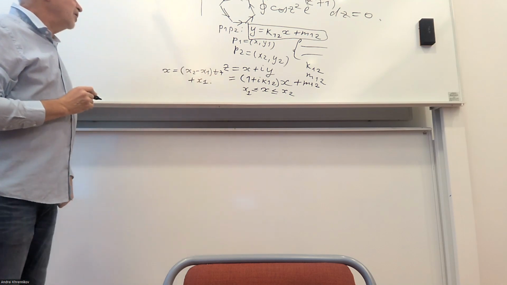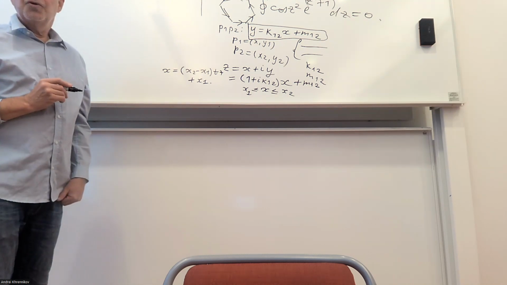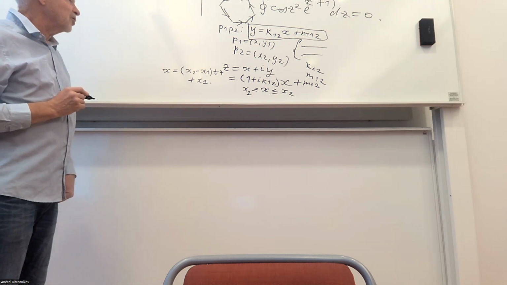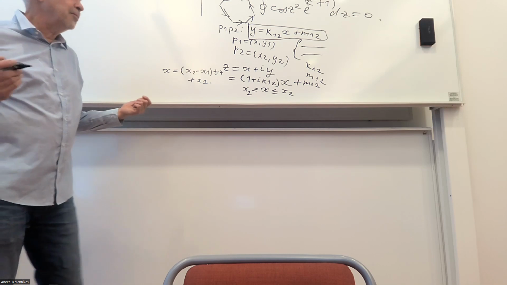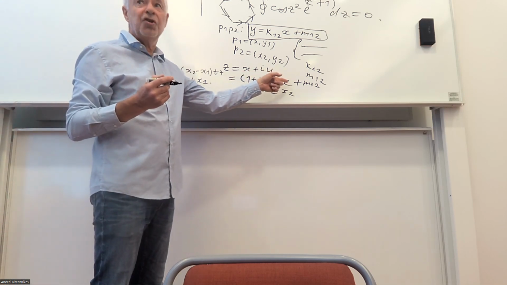When t is 0, we have x1. When t is 1, we have x2. So they use this parameterization. But in principle, you are fine. Just consider t as just x.